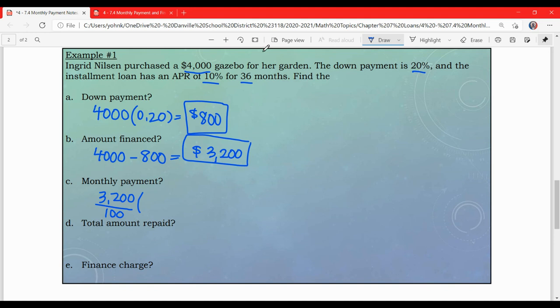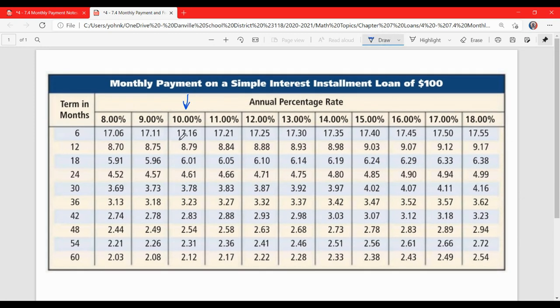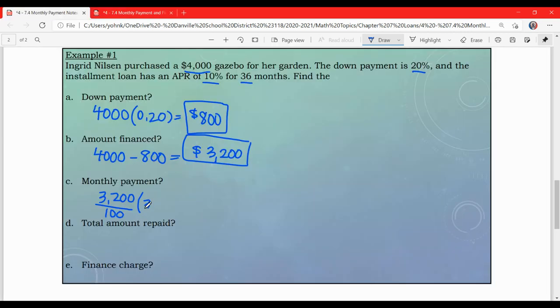So we need to know that it's an APR of 10% for 36 months. 10% is right here, and 36 months is right here. So the value from the table is 32.27. So we're going to put that here. And then we're going to multiply, and we get $103.36. So that's how much we have to pay every month to pay back this loan.